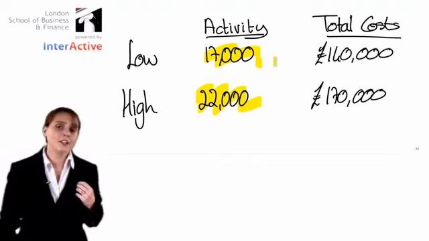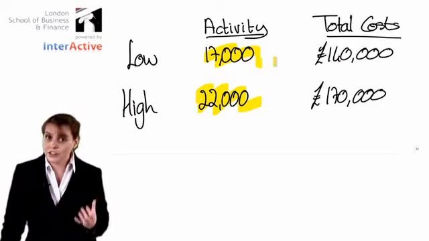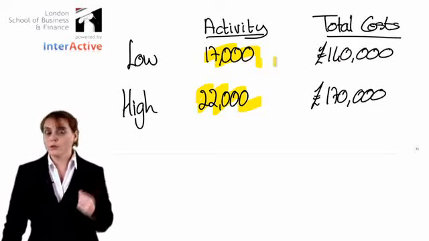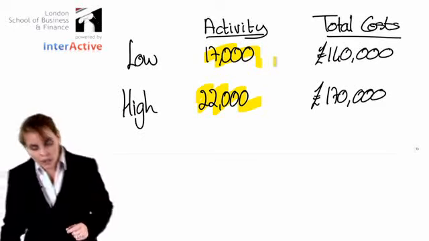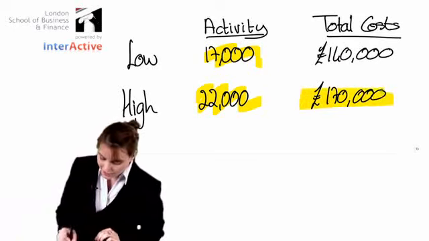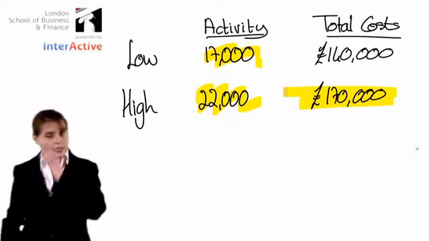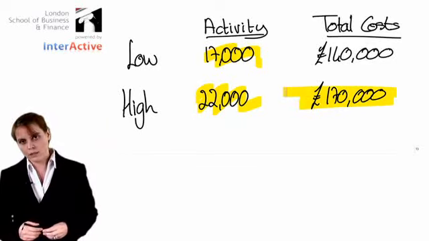Well, all we need to do is adjust our data to remove the change in the fixed costs. So we need to look at these total costs at the high level of activity and make an adjustment.